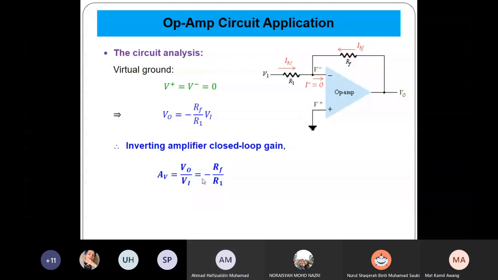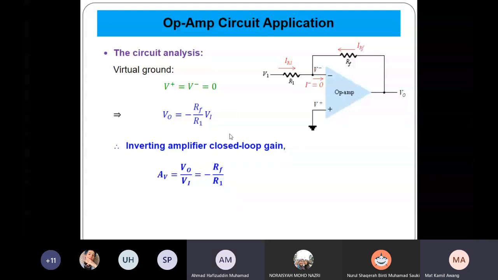Any question on the theory of inverting amplifier? Basically, the input can be anything, but you control the gain because the application is to amplify the signal. The signal can be sine wave, cosine wave, step function, a ramp, sawtooth, anything.